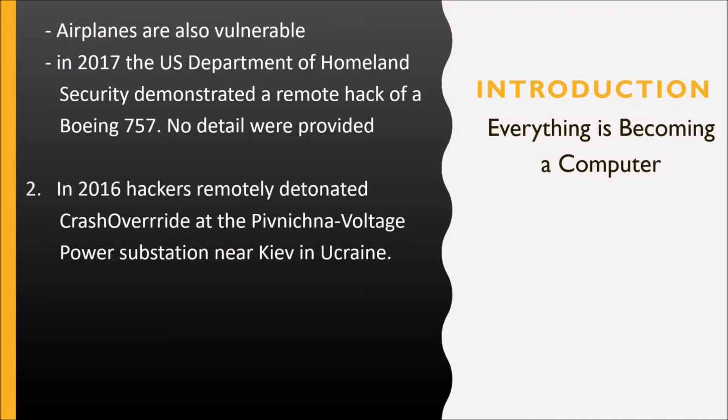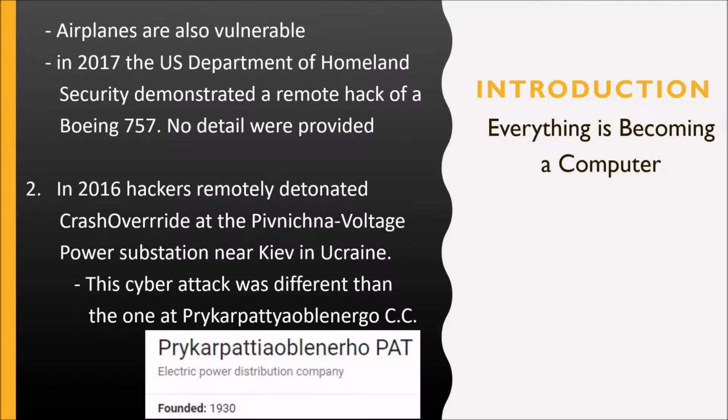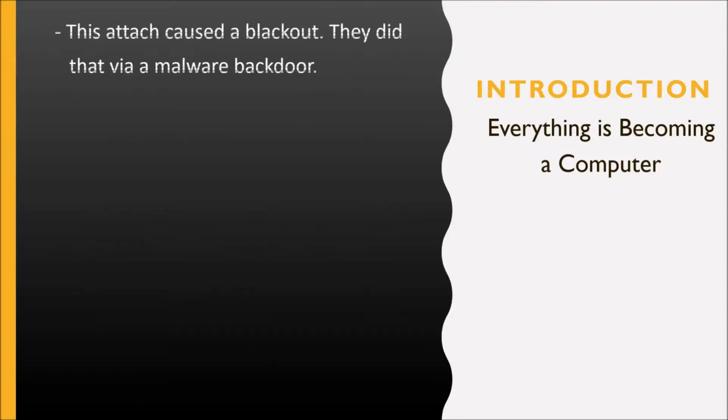Then in 2016, hackers remotely detonated Crash Override at the, I'm not sure how to read exactly this one, Pivnichna voltage power substation near Kiev in Ukraine. And the cyber attack was different from the one at Prykarpattyaoblenergo control center, which is also an electric power distribution company. The way these hackers did this was using a piece of software, a backdoor, a malware.